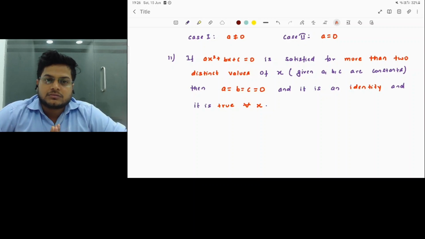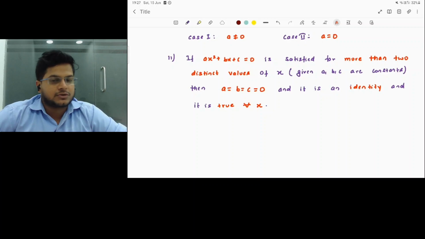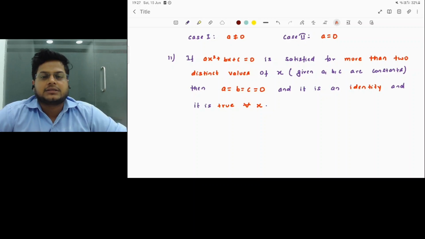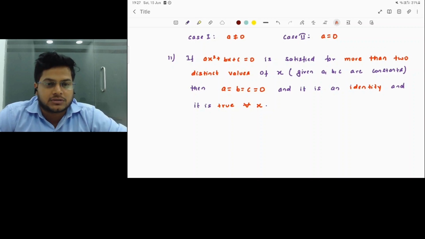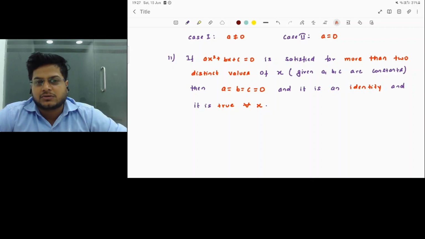Now let us come to why a, b, c should be 0. Imagine that a, b, c is not 0. Let us say that neither a nor b nor c is 0. In that situation, it will become a quadratic, or let us say that a is not 0. If a is not 0, it will become a quadratic, and a quadratic equation can have how many roots?